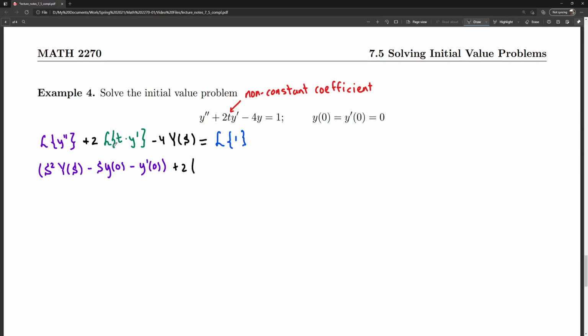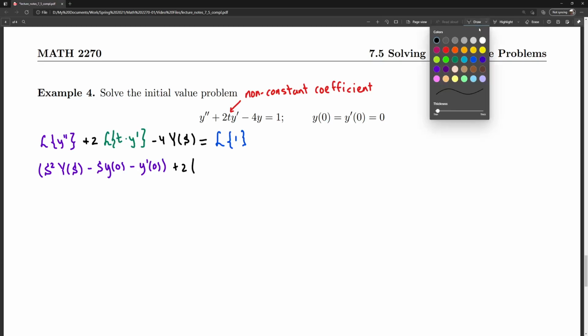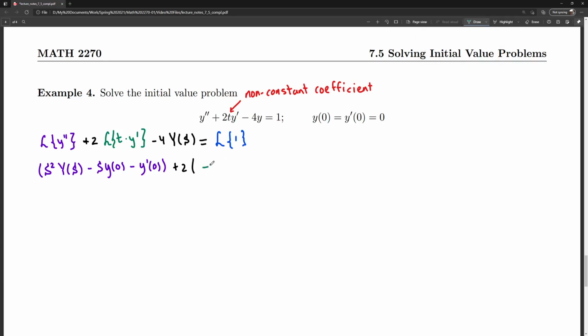So this right here becomes, and you can look it up in the properties for the Laplace transform, negative 1 to the power 1, that comes from the t to the power 1, and then times d/ds, the derivative with respect to s of the Laplace transform of y prime.